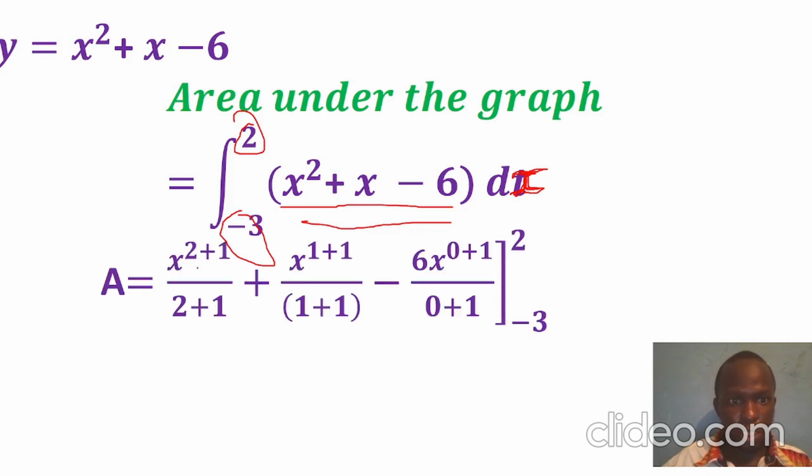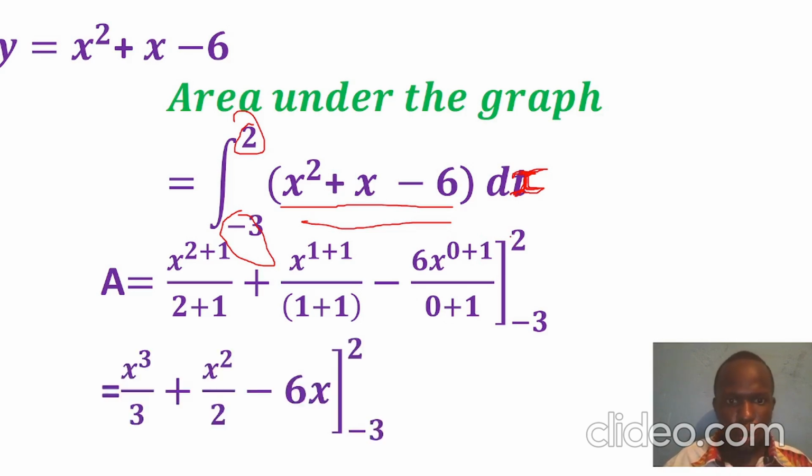That is x raised to power 2 plus 1 over 2 plus 1, plus x raised to power 1 plus 1 over 1 plus 1, minus 6x raised to power 0 plus 1 over 0 plus 1, within the limits of integration. Once again, it has been simplified up to that.